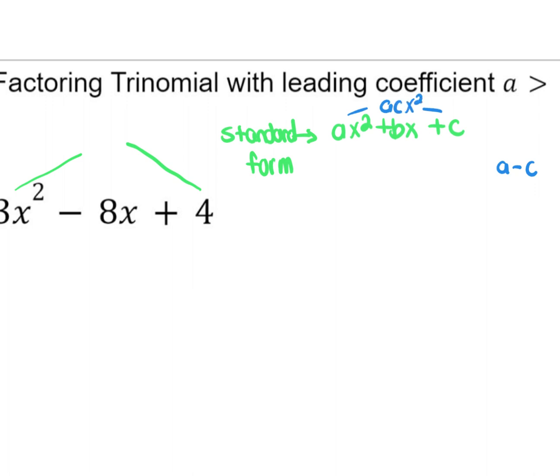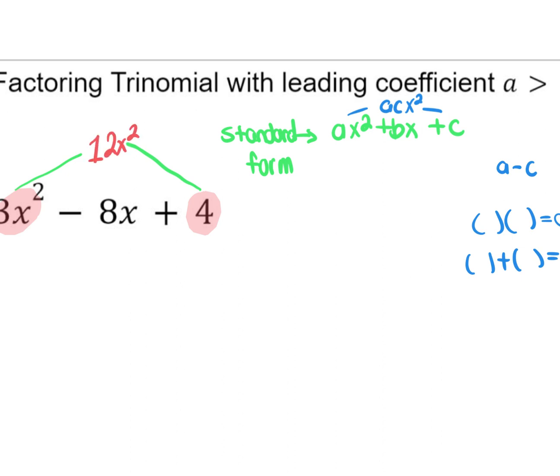And then again, you think of 2 numbers that multiply to ac and then add to b. So it's that same process. So it's going to be 3 is a, so it's going to be 3 times 4, that's going to be 12x squared.